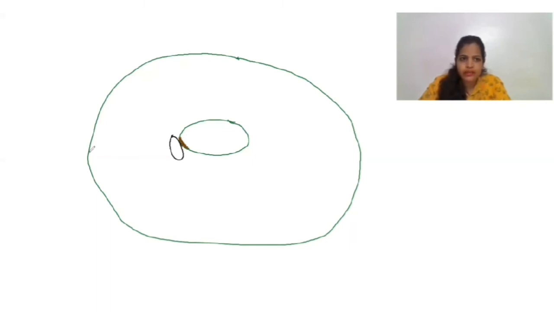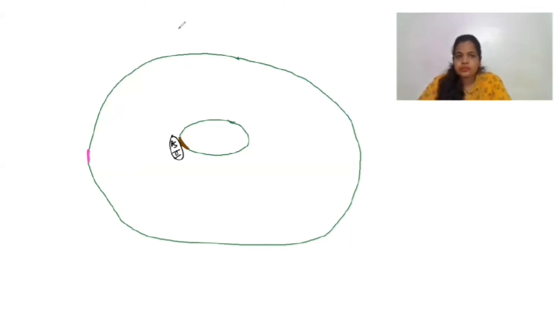I'm darkening this, the outer part of the thylakoid membrane. So now if I say inner part or outer part, you must not get confused between the two. So on the inner part of the thylakoid membrane, PS2 is present, meaning chlorophyll A 680 nanometer is present, the reaction center.